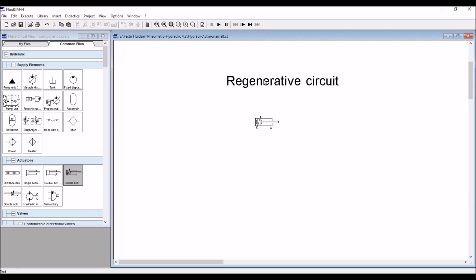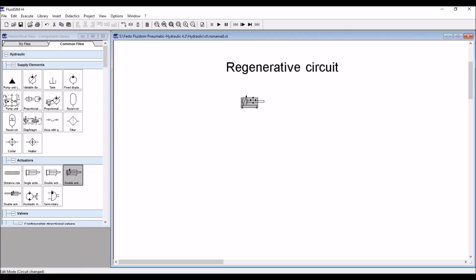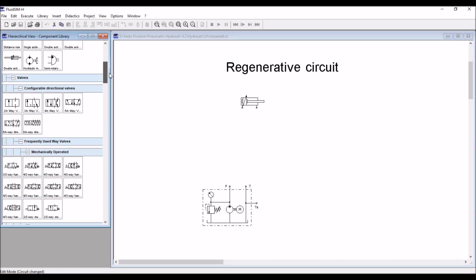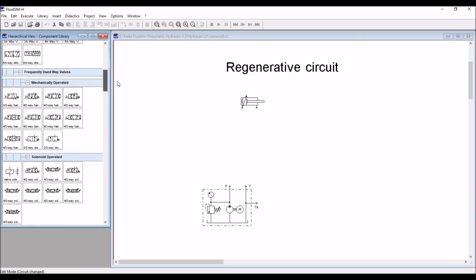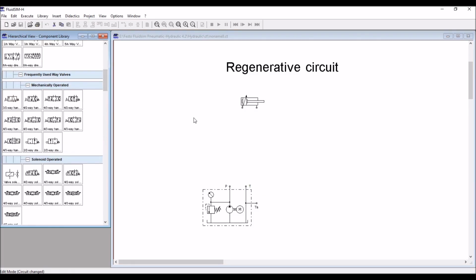So to demonstrate this regenerative circuit, take a cylinder and there is a pump station and there is a direction control valve 4x2. Since I am explaining the regenerative concept, I will take a manual operated 4x2 direction control valve.